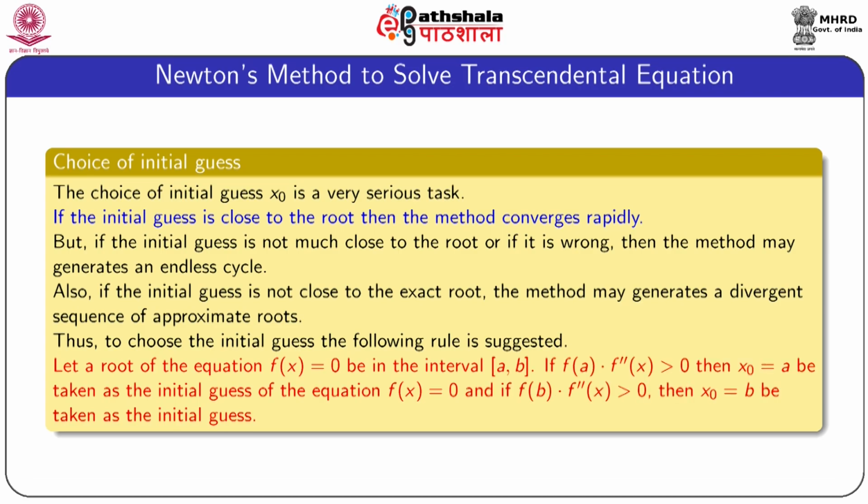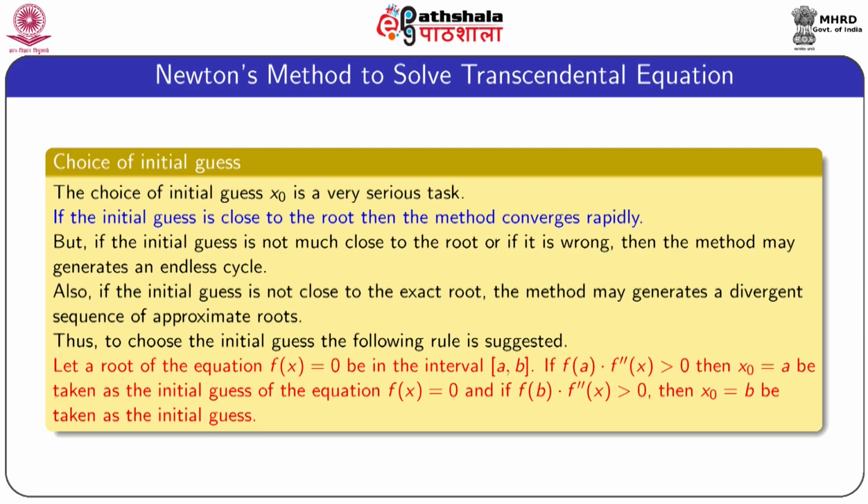In this rule we assume that a root of the equation f(x) = 0 lies in the closed interval [a, b]. If f(a) times the second derivative of f at x is strictly greater than 0, then x0 = a may be taken as the initial guess of the root, and if f(b) times the second derivative of f at x is strictly greater than 0, then x0 = b may be taken as the initial guess of the root.